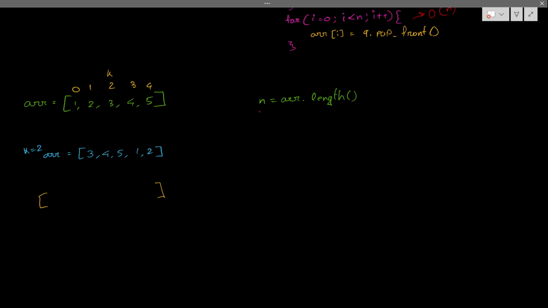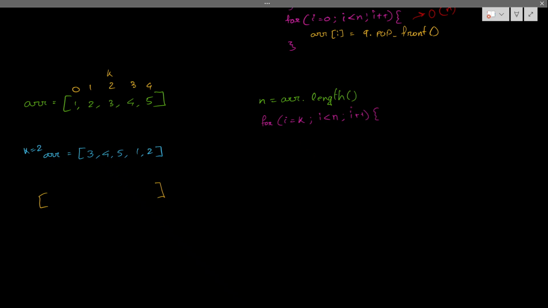Instead of a while loop with three lines, I can write a for loop: for i equals k, i less than n, i plus plus.